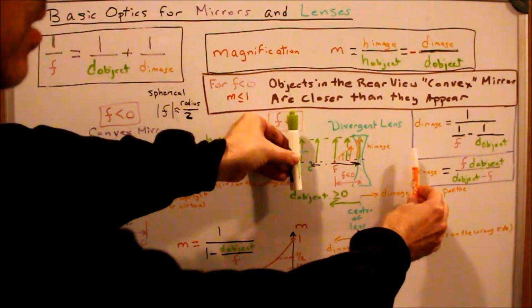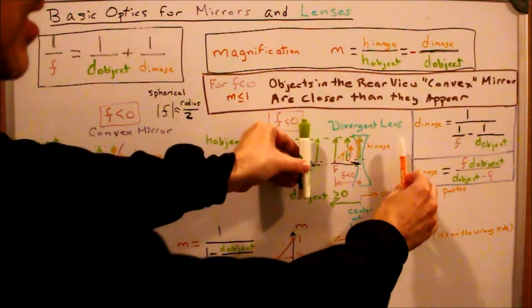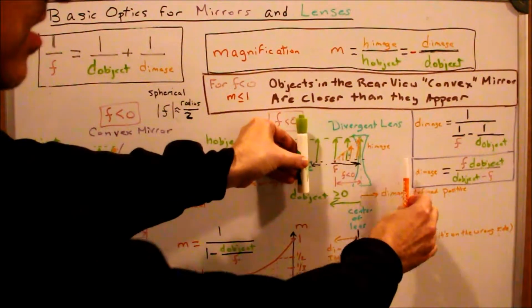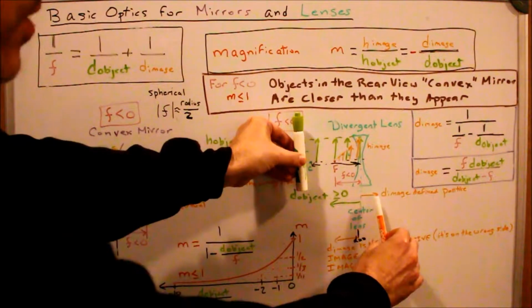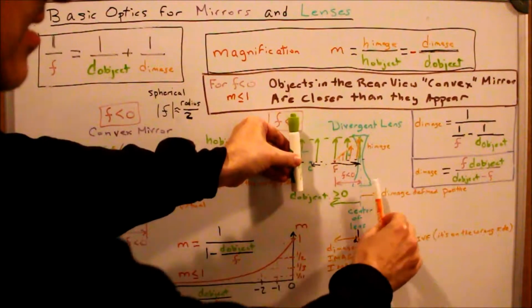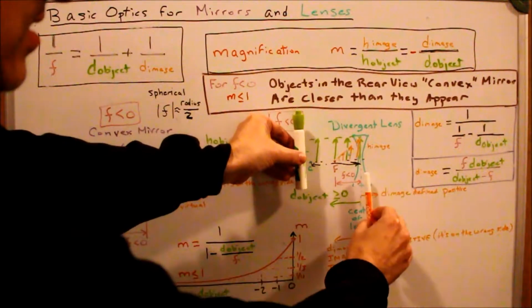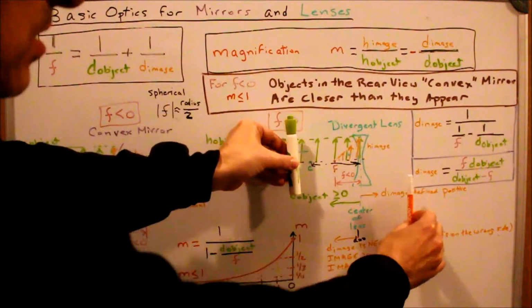So for a lens, whether divergent or convergent, I define a positive image distance as the distance on the opposite side of the lens from the object.